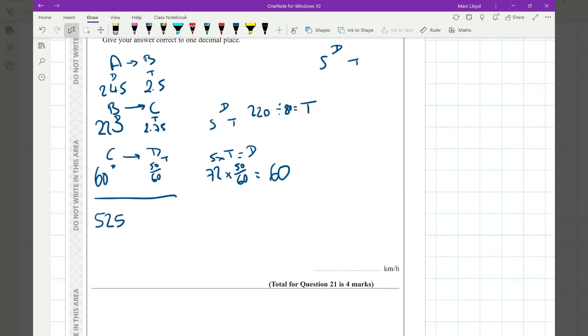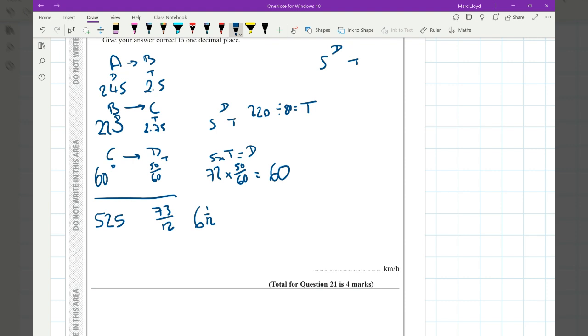And then the timings, 2.5 plus 2.75 plus 50 over 60. Your calculator will add fractions and decimals together. I've got a horrible number, so I've hit SD, which is 73 over 12. That's 6 hours and 1 over 12.